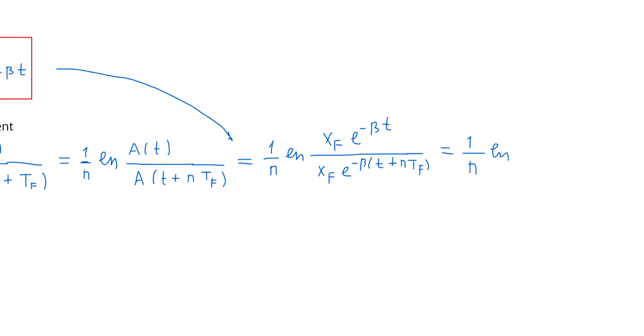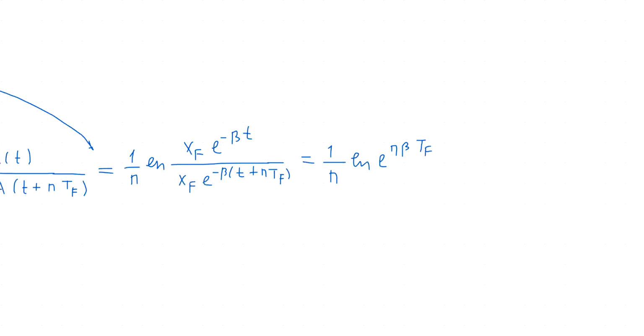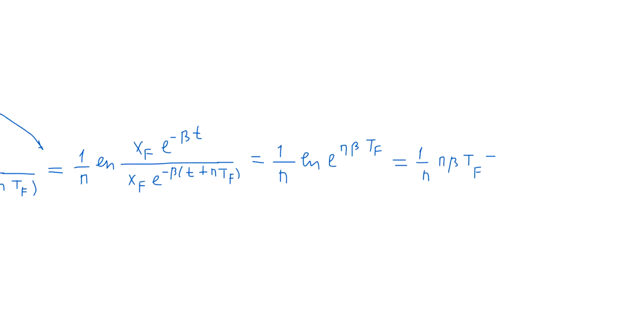After division we will get e to the power of n beta T_f, and it will be 1 divided by n times n beta T_f, and it will be just beta T_f.